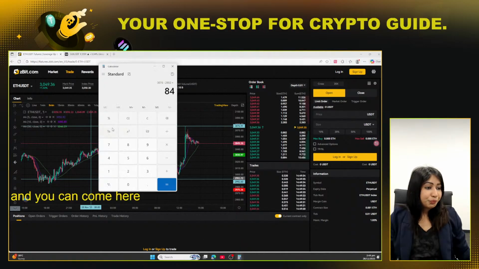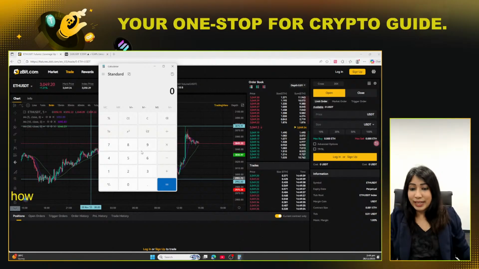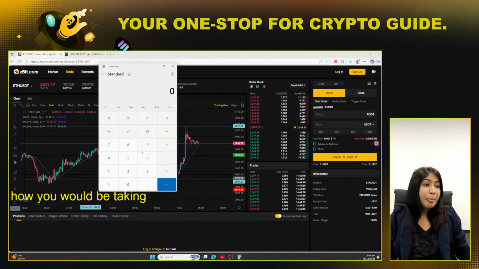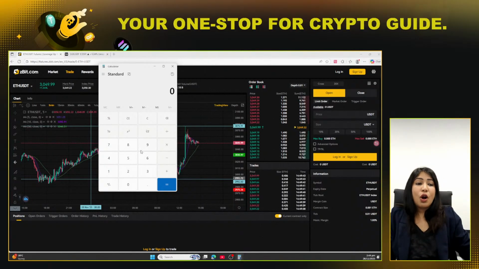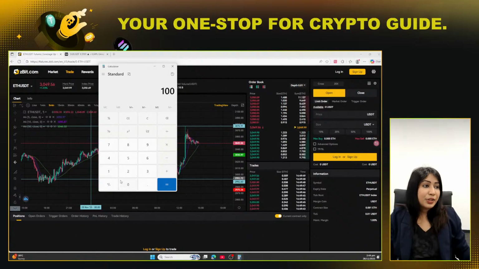Now with the same scenario, let's have a look how you would be taking a leverage position. First of all, imagine you've got, say, $100 as the number. Suppose you have $100 in your pocket, which is the margin, and you decided to take an isolated margin on it.